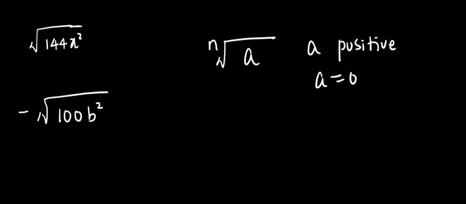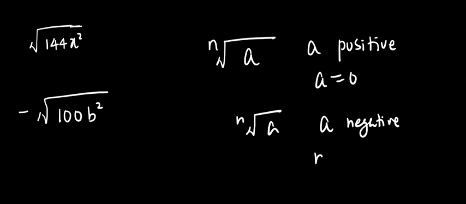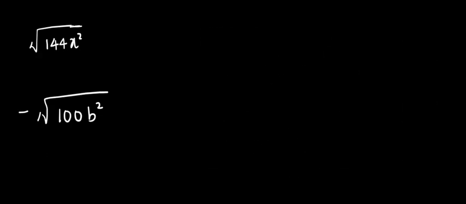The principal nth root is a negative real number when a is negative and n is odd. That's our super important rule here. Now, with this in mind, let's solve the following problems.